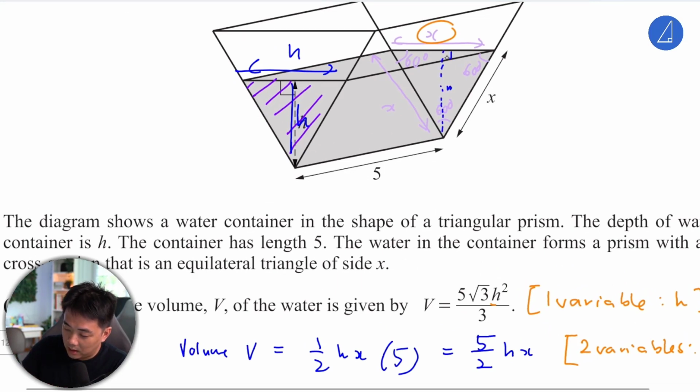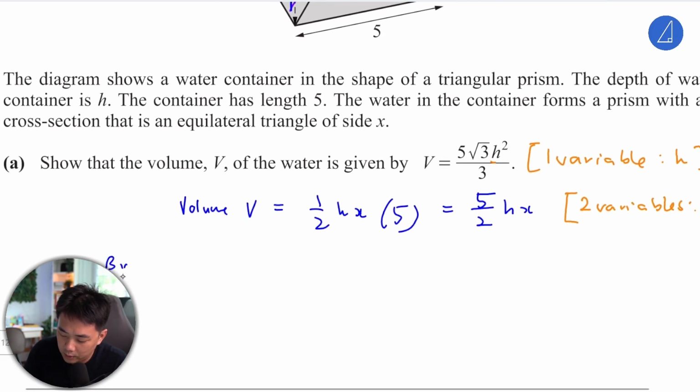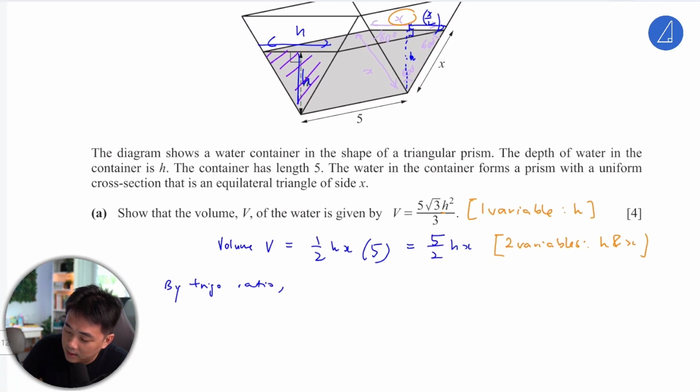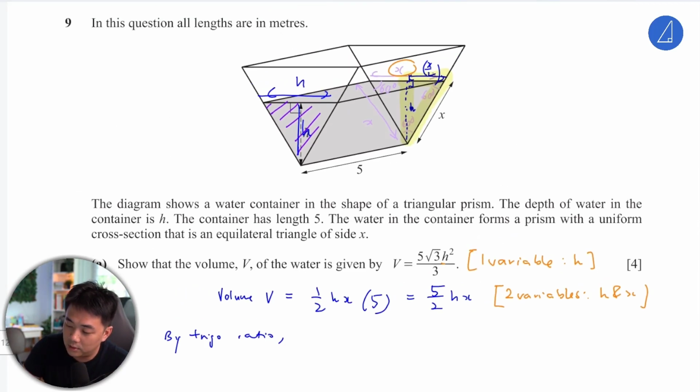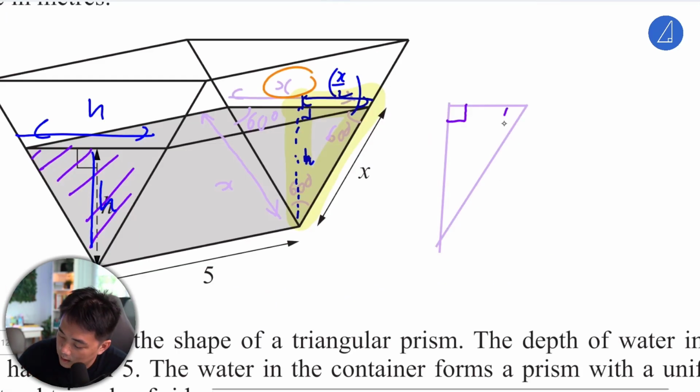So in this case, this is the height. This over here is x over 2. By trigo ratio, tangent 60, because look at this triangle here, tangent 60. Let me just redraw this. It's tangent 60 here, then this is x over 2, because it's half of the whole length, then this is the height.